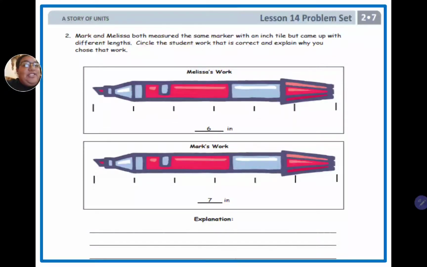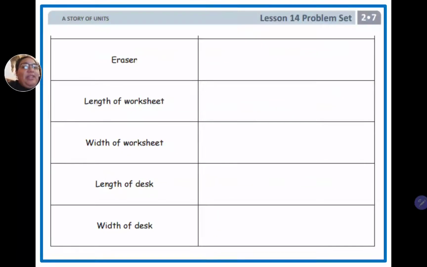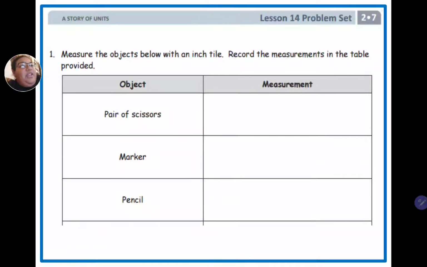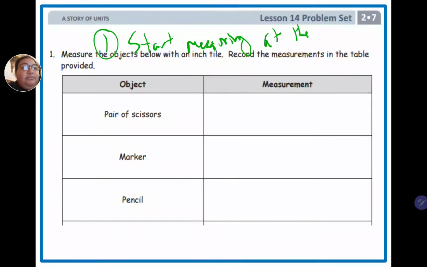And then you're going to get to this problem right here. Now, this one has the same thing, but you got different measurements. I want you to figure out why one of these students is incorrect. Okay? Now, I do want you guys to make sure that you always start measuring at the beginning of the object.